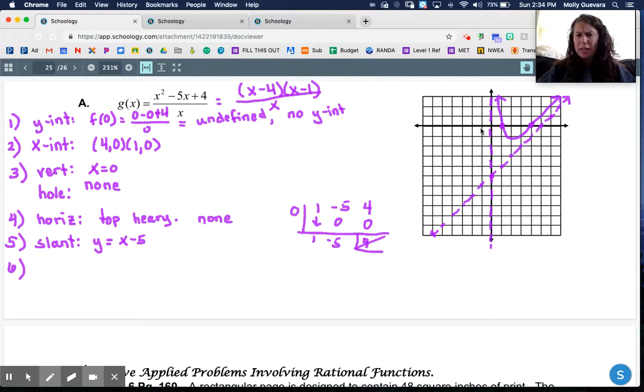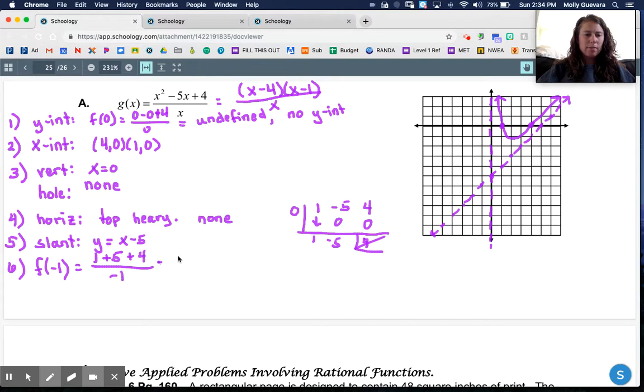So I'm going to plug in -1 just to see what's going on, right? Is it going to be up here or is it going to be down here? So if I plug in -1, -1 squared is 1, minus -5 times -1 is +5, plus 4 over -1.